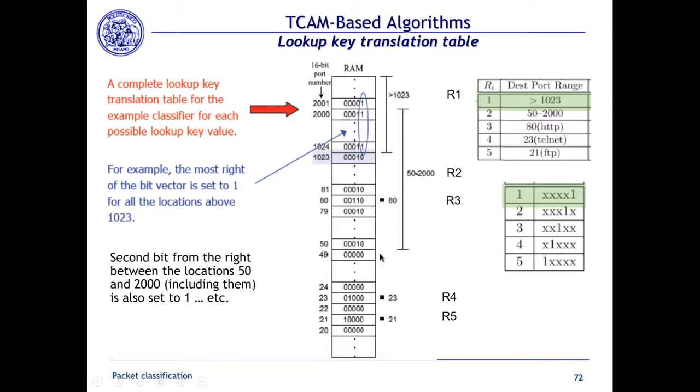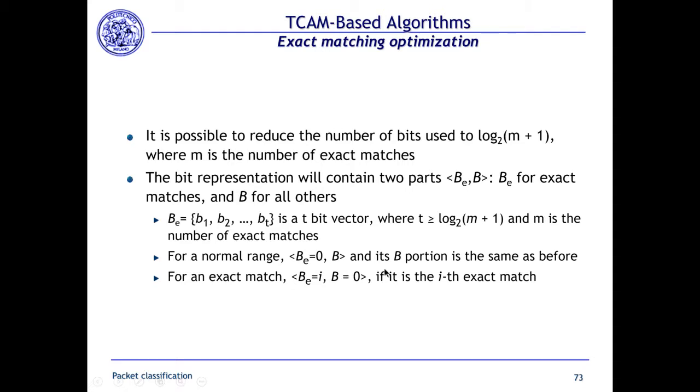So if a number is equal to 80, it cannot be equal to 23 or 21. So instead of using 3 different bits to encode these 3 rules, we can do a compression and a further encoding, using a number of bits which is log 2 n plus 1. So instead of using 3 bits for the rules for 80, 23, and 21, we can use only 2 bits.